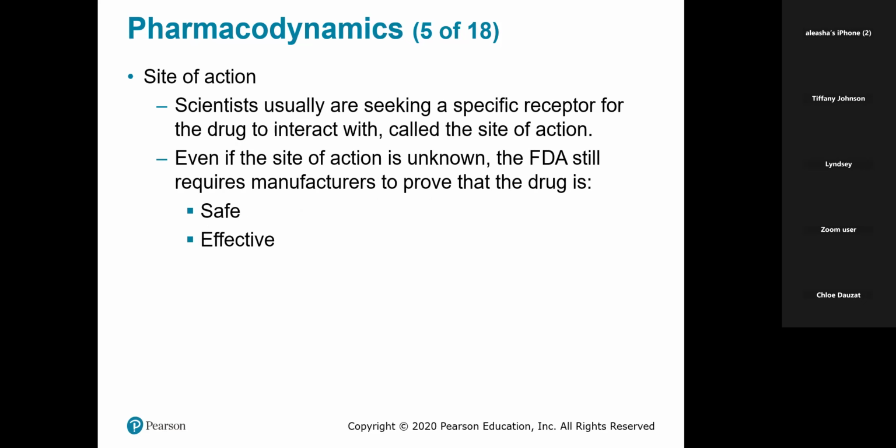Site of action is the site where the action is actually occurring. So scientists are usually seeking a specific receptor for the drug to interact with. This is what we call the site of action. Even if the site of action is unknown, the FDA still requires that the manufacturers prove that the drug is safe and effective.